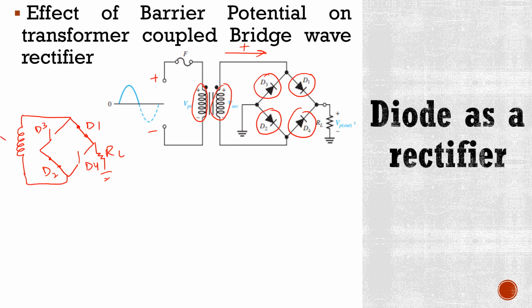So here the voltage will be V secondary. Okay, now we can connect this terminal of the load resistor here, because this is ground and this is ground. So this circuit can be drawn like this.